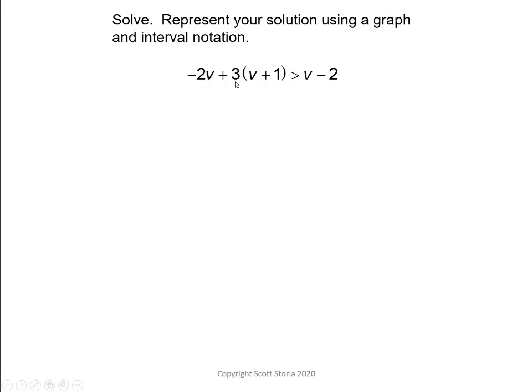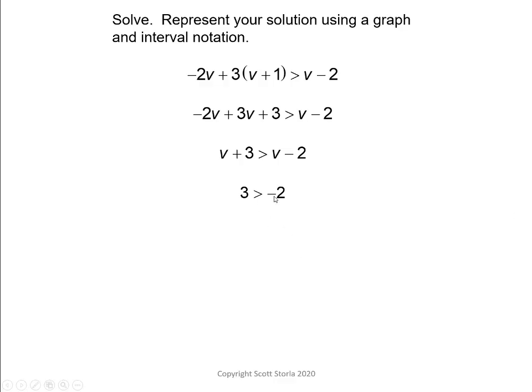For this problem, I would first have to distribute the 3. Then, on the left, I would simplify to just v plus 3. Notice now, though, after subtracting a v from both sides, I'll get to here. My variables are gone.